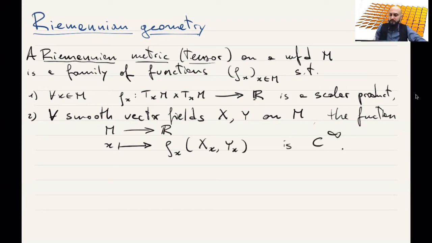So this is what is a Riemannian metric tensor.